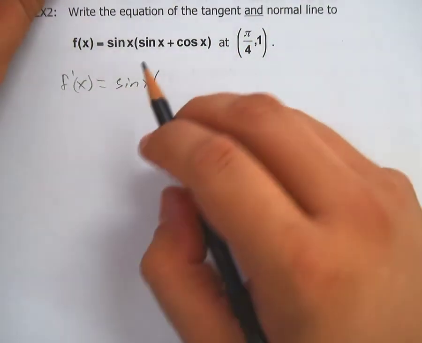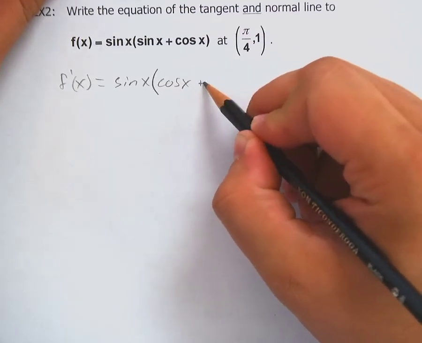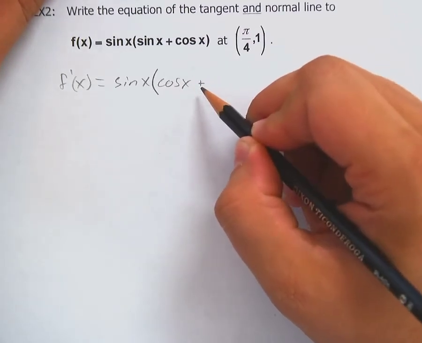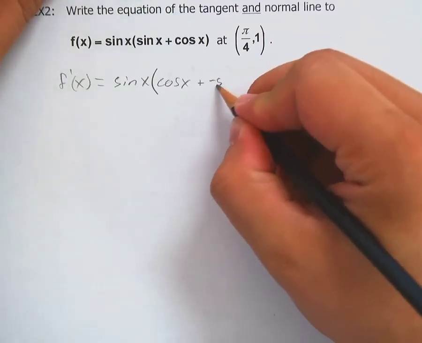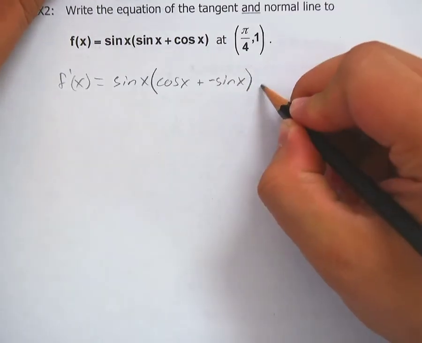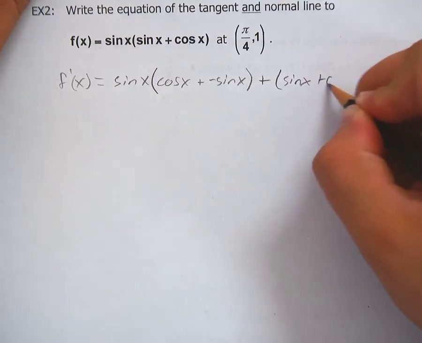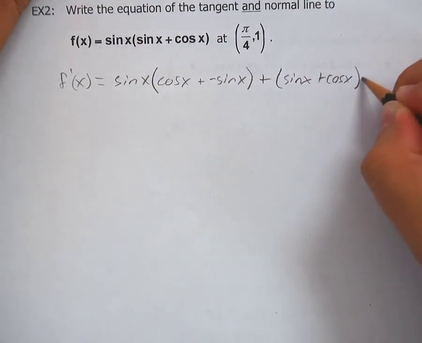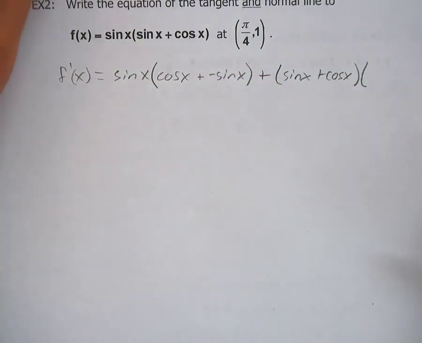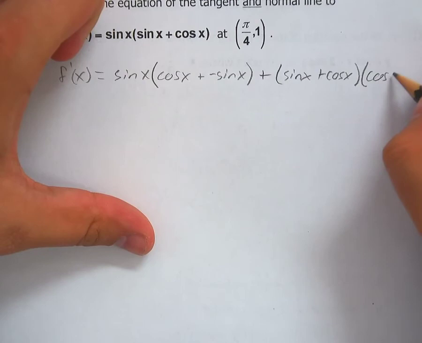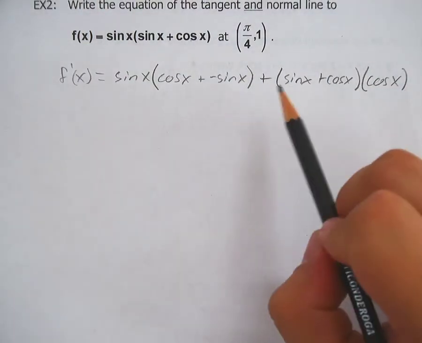The derivative of sine is cosine, and then plus the derivative of cosine is negative sine, plus the second, sine x plus cosine x, times the derivative of the first. And the derivative, again, of sine is cosine of x. First d second plus second d first.